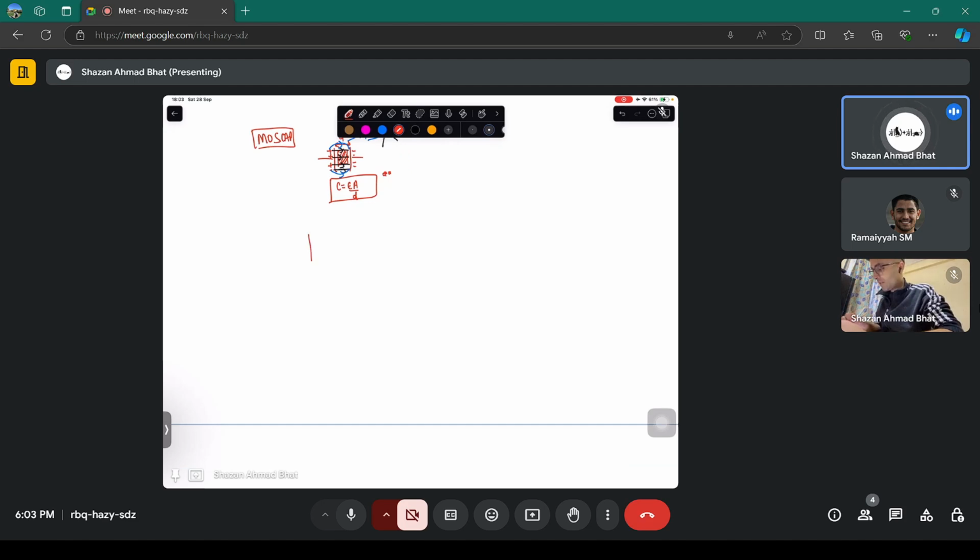In the MOS capacitor, you have a metallic layer, an oxide layer in between, and the semiconducting layer, let's say a p-type semiconductor. Then you have three regions: the accumulation region, the depletion region, and the inversion region.